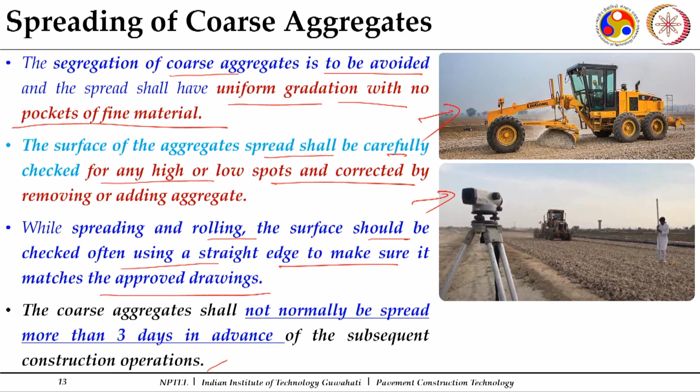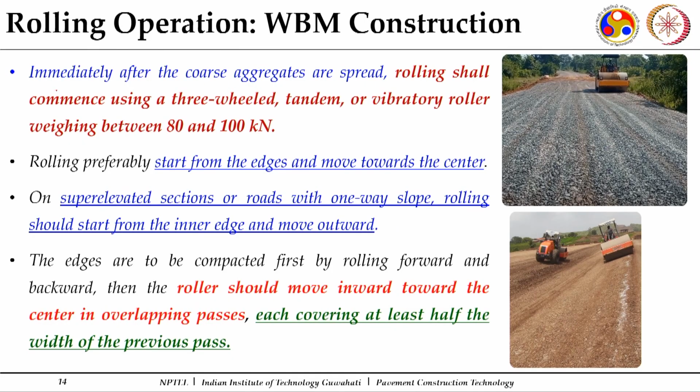The important aspect is that when one layer is constructed, the entire exercise of those activities involved in that one layer should be completed simultaneously. Once the coarse aggregates are spread, thereafter you start the rolling process. Forget about delaying; we should prefer to go for the rolling operation immediately after the coarse aggregates are spread.